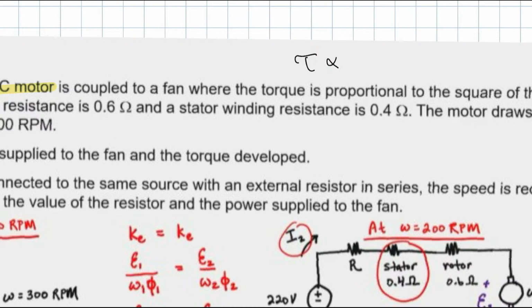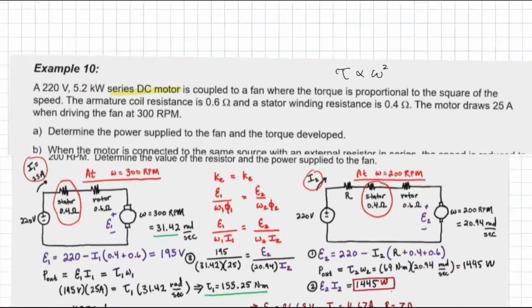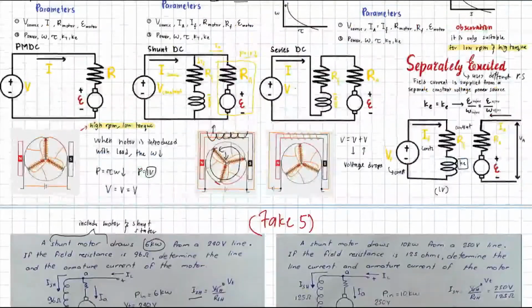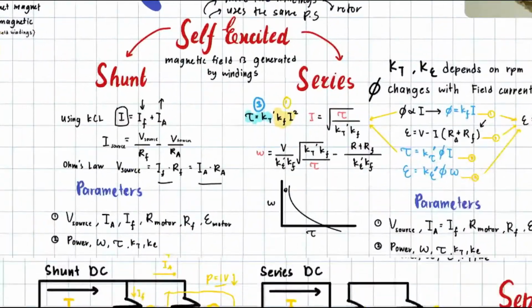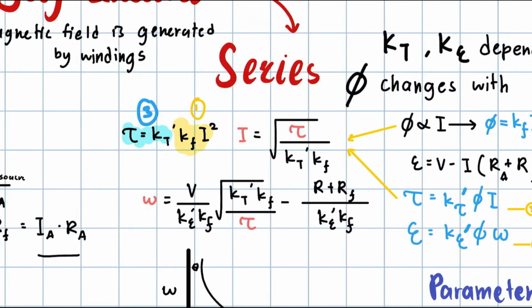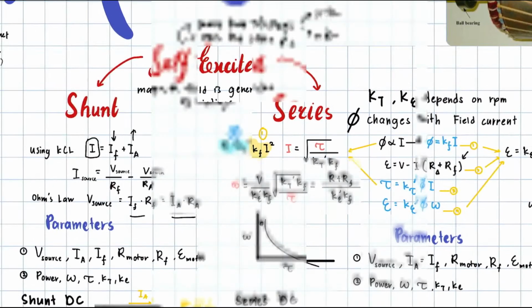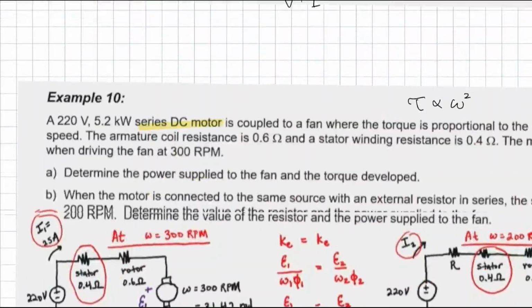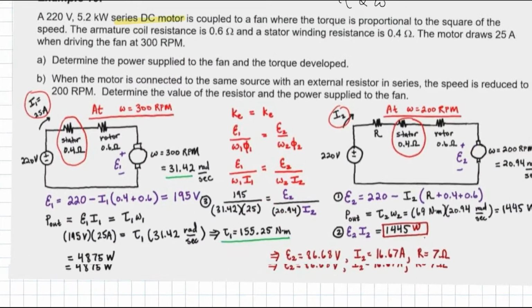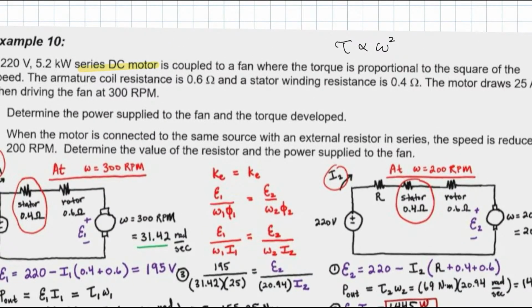Because if you can see here, this is where it proves that the torque is proportional to the current squared. So that is one proof of our equation.